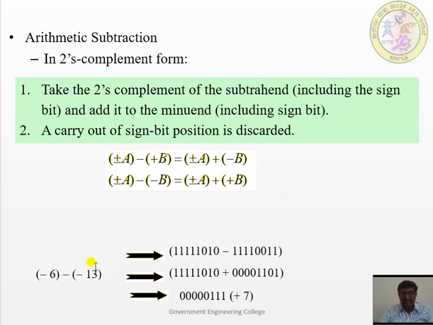Whatever people have studied, that is if I want to do minus 6 minus subtraction, at that time once again the conversion is the same, that is minus into minus is plus, minus 6 plus 13, we get plus 7. So if they ask to subtract any of the values, we can go with minus of minus 13 or minus of plus 13, minus 6 minus 13, like that the procedure is the same.